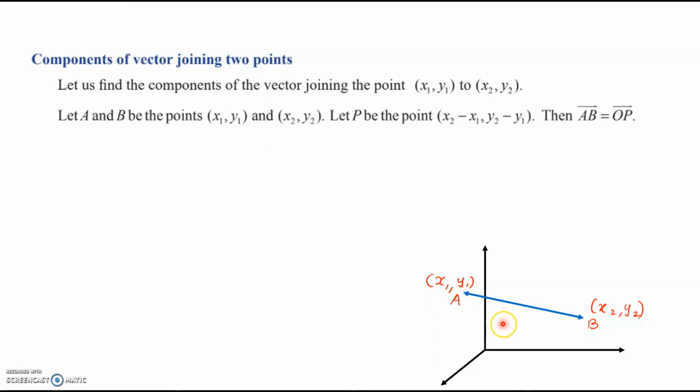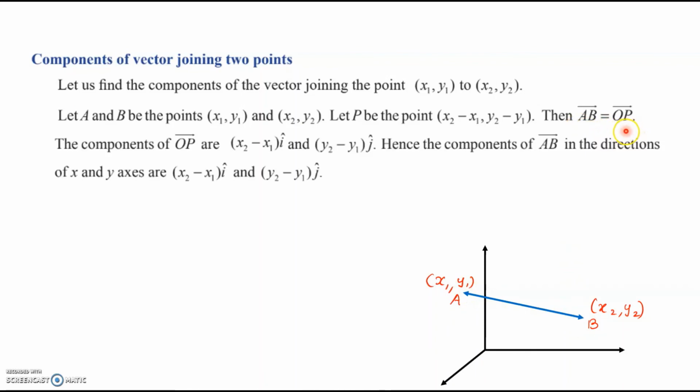So it is going to be a position vector from O. So this is the origin O. But that would be parallel to AB. And so it will be a translation of the vector AB. So we can define AB as equal to OP vector, right?